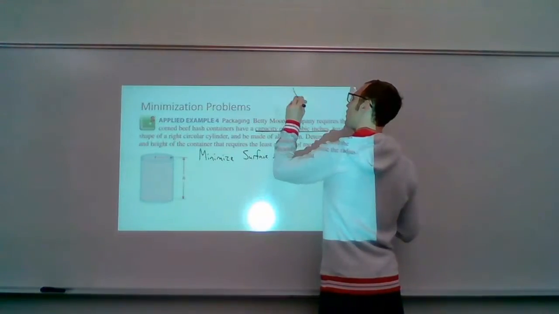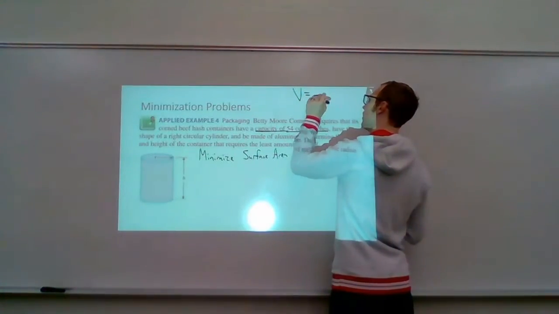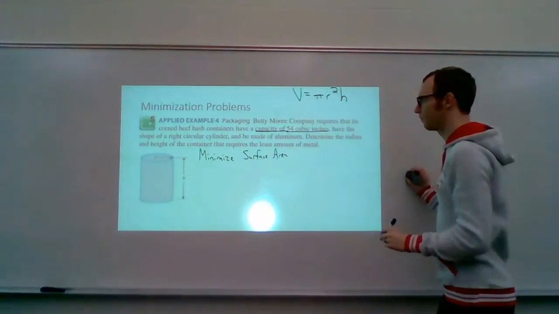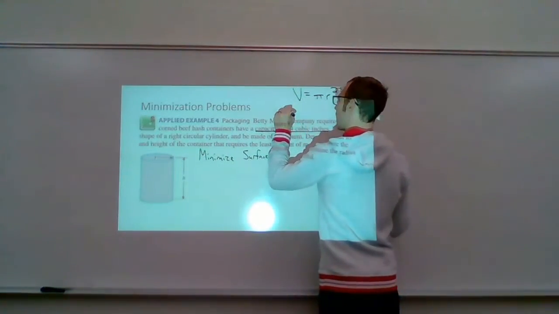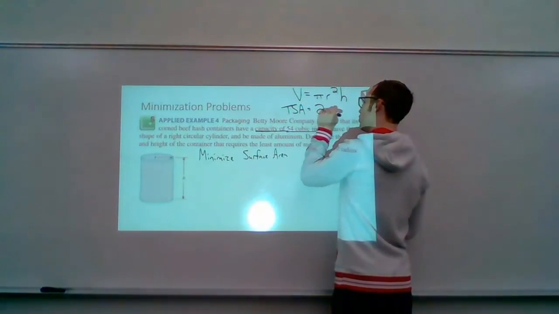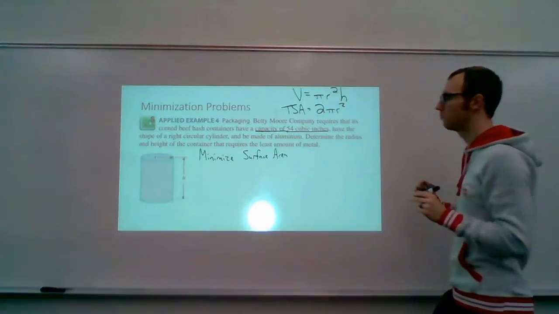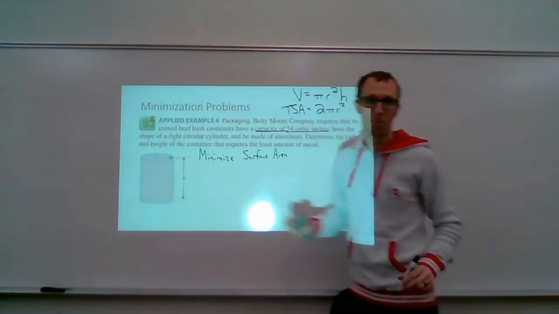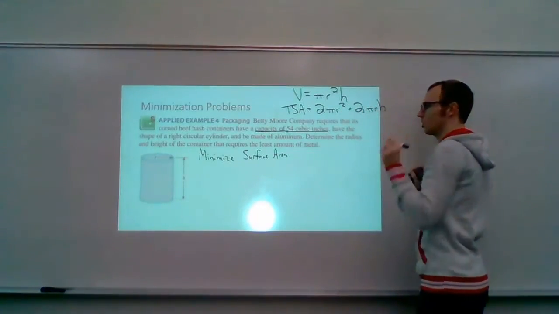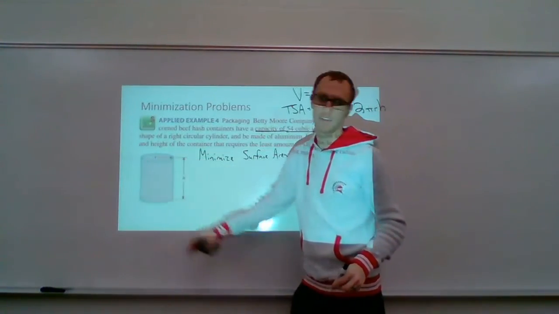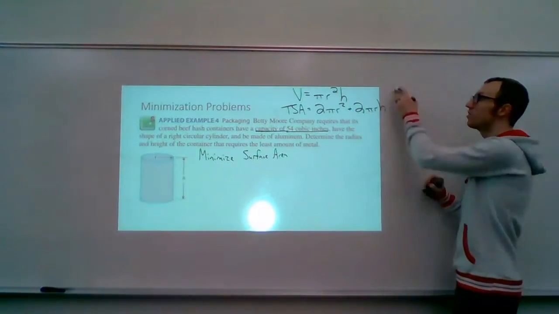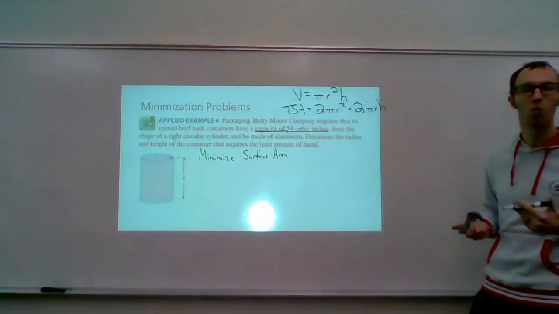The volume of a cylinder is the area of the base, pi r squared, times the height. And the total surface area is 2 pi r squared, which accounts for the top and the bottom, plus 2 pi rh. This middle area is a rectangle with a width of 2 pi r and a height of h. So, with these formulas, I can now try to create a function in one variable.